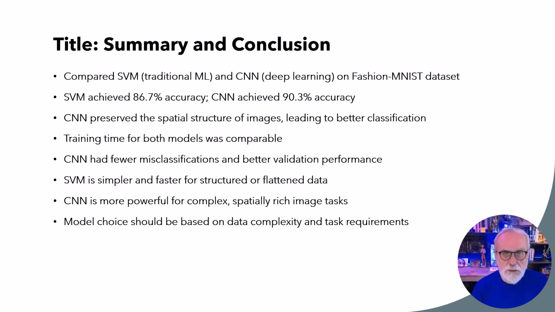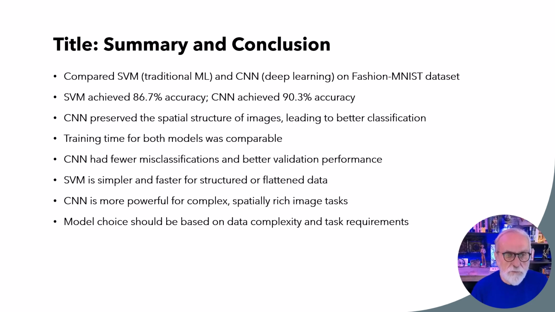The CNN, designed to preserve spatial structure, achieved a higher 90.3% test accuracy and demonstrated fewer misclassifications, proving its advantage for visual tasks like the Fashion-MNIST dataset. Training times were comparable, but the CNN's ability to learn hierarchical patterns like edges, textures, and shapes made it more effective.